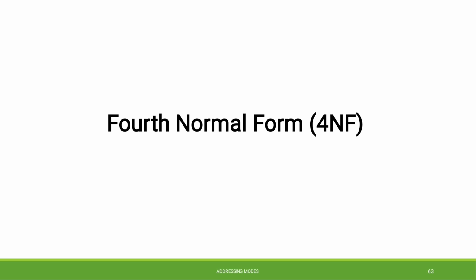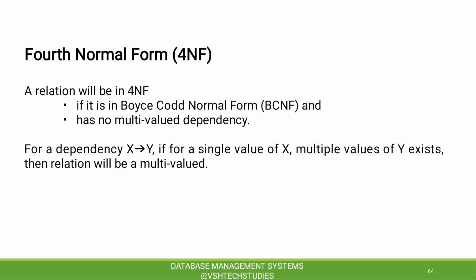Next we shall study fourth normal form, that is 4NF. Fourth normal form states that a relation will be in 4NF if it is in Boyce-Codd normal form, or BCNF, and it doesn't have multi-valued dependency.